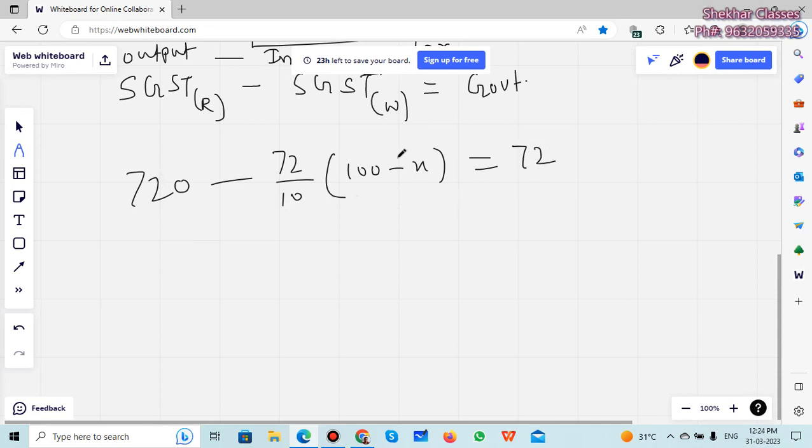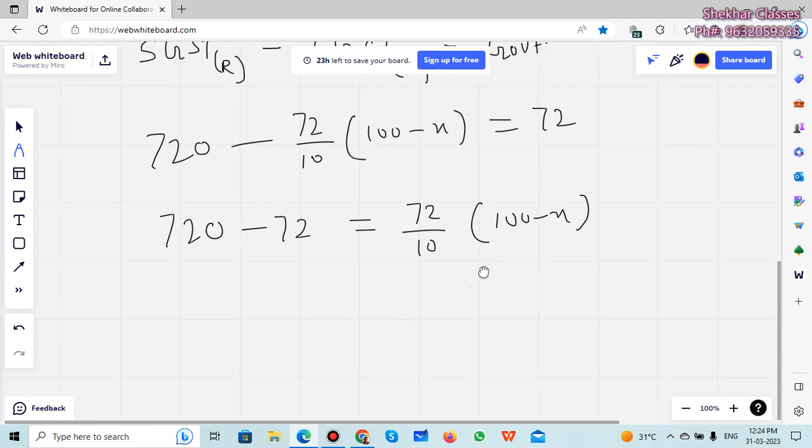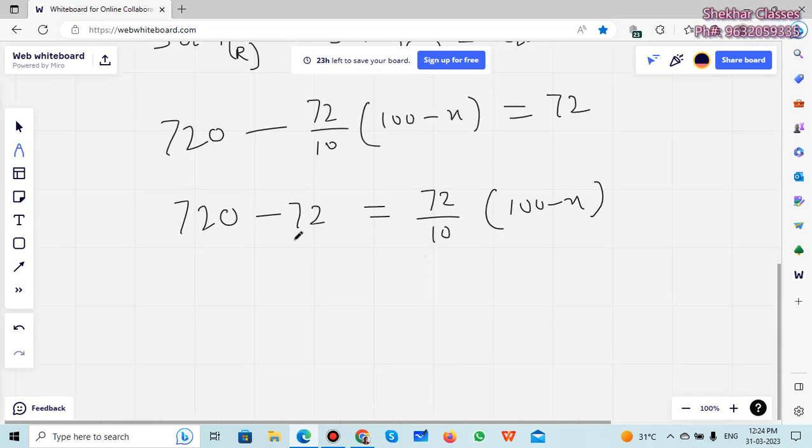If I bring it the other way around, it will be 720 minus 72 is equal to 72 upon 10 times 100 minus x. So 720 minus 72 is how much? 648.